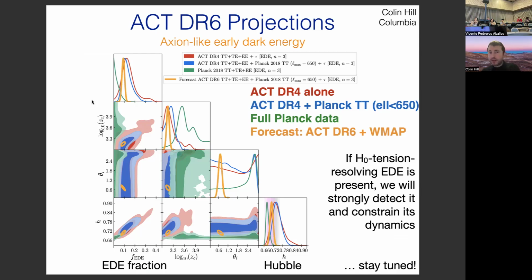There's some very interesting physics. While the early dark energy is operational prior to recombination, it's slightly accelerating the expansion of the universe. That leads to a slight suppression of the growth of perturbations, the same way that dark energy today slightly suppresses growth of perturbations. And that has to be counteracted somehow.